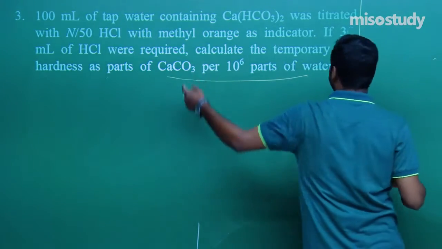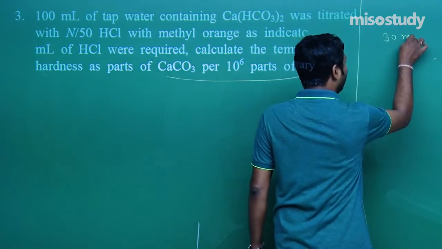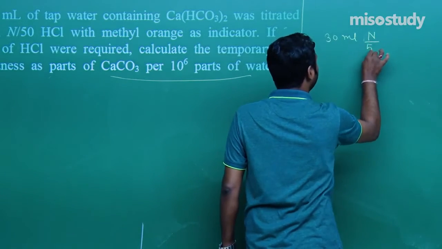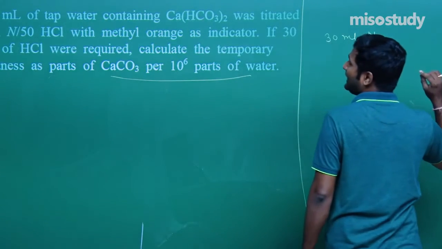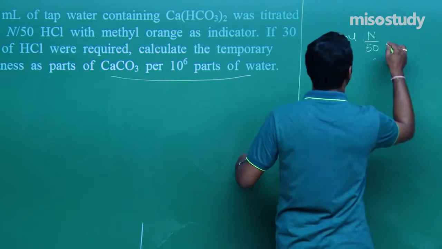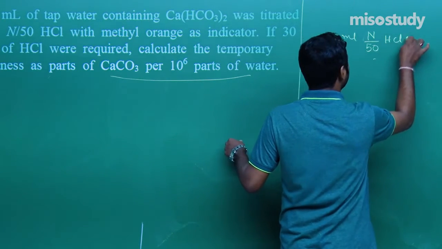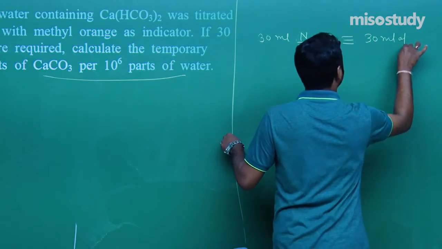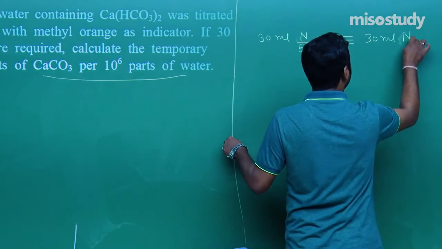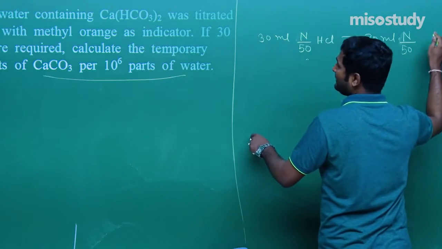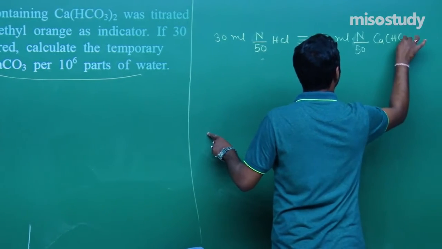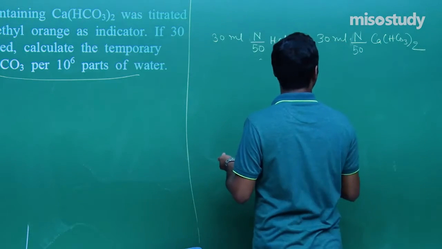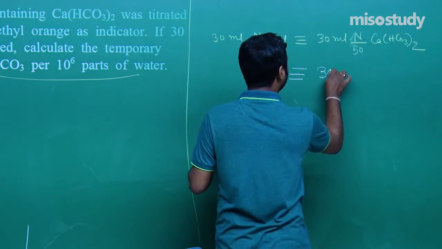Now it's very simple. Titration, that is, we can equate 30 ml of N by 50 HCl. Clear to you? 30 ml of N by 50 HCl is equivalent to, tell me, 30 ml N by 50 Ca(HCO3)2.